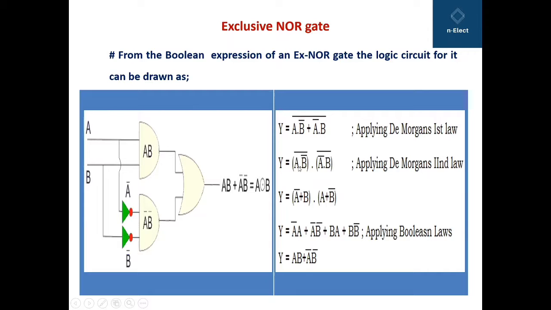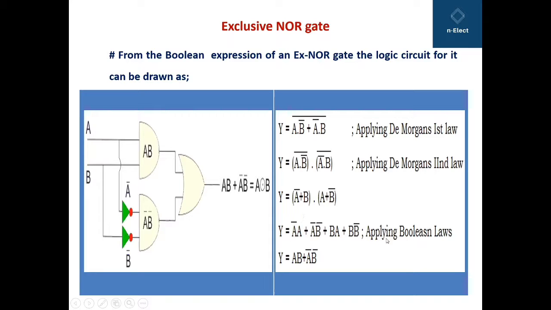When I apply De Morgan's second law to the first bracket, I will get A bar plus B double bar. B double bar means B. So A bar plus B, dot A double bar, that is A plus B bar.